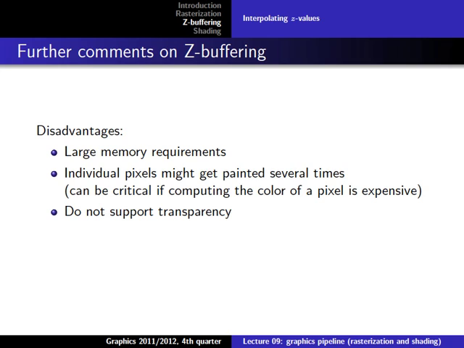Another problem is large memory requirements, which is not a problem if you have hardware support by default, but if you implement it in software, then you need a lot of memory. Good. All right.